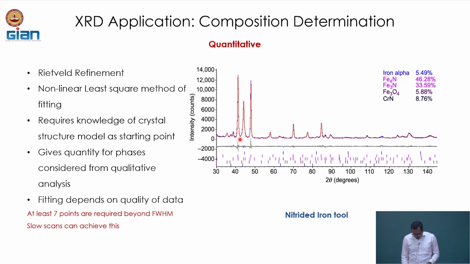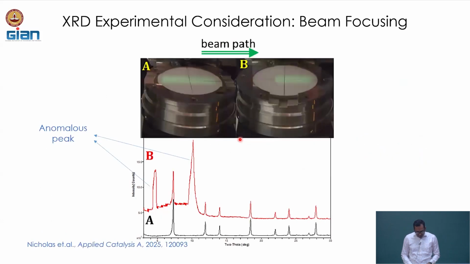Now a few experimental considerations, because most of you would be using XRD as one of the major techniques for your sample characterization. One is beam focusing. These are the two cases shown. In one case, the beam is focused completely on the sample. In the other case, only part of the beam is on the sample-containing material.